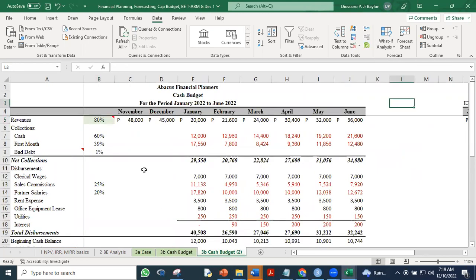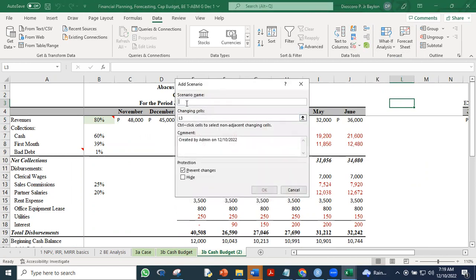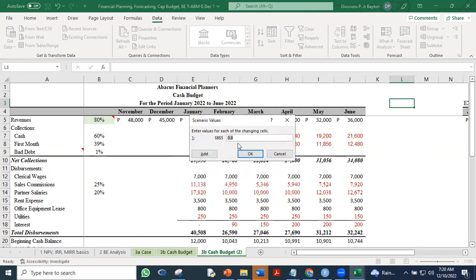So we have this now. Data, What-If Analysis, Scenario Manager. We're going to add a scenario named base case. Our changing cell is this one. Then it will ask us the value of the changing cell. If it's the base case, it's just 100%, the same as the expected sales.